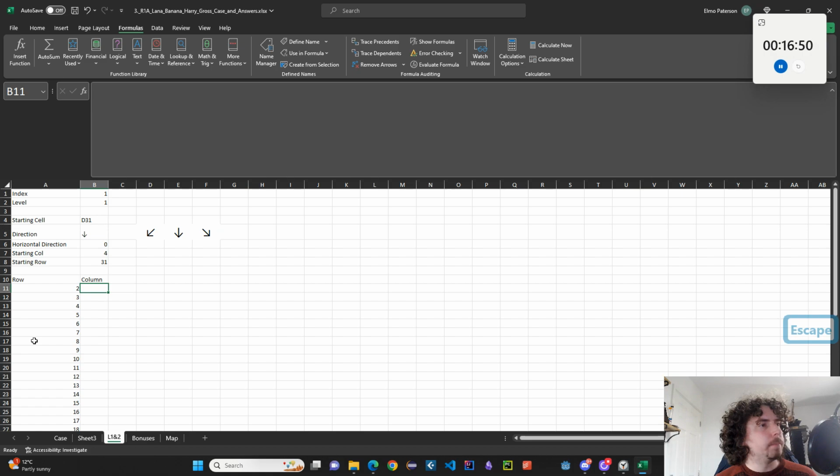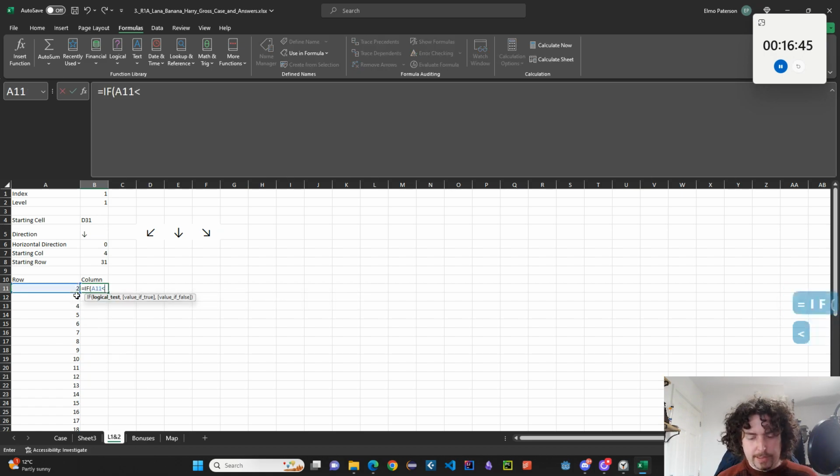okay, we need it to be if the row is less than or equal to the starting row, then it's the starting row. Lock both of those.